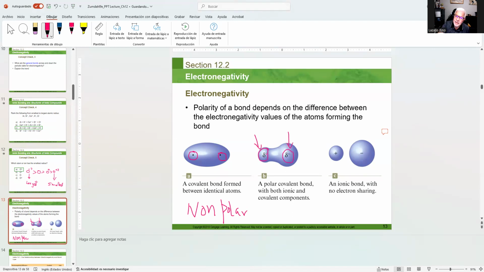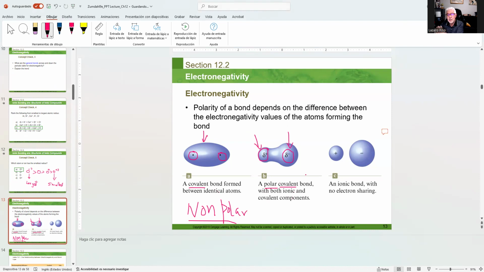So there is a certain polarity in this kind of molecules, even though they are covalent; we say they are polar covalent. While in this case, we say that they are pure covalent because they are non-polar.